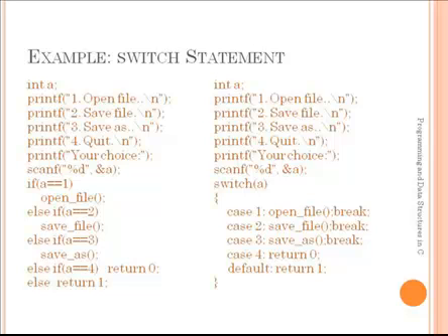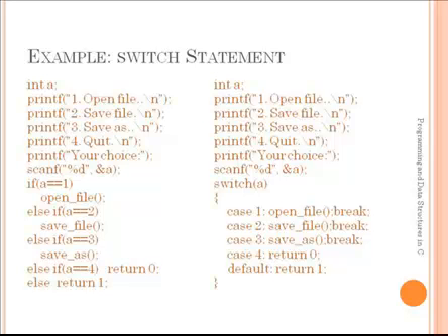Whenever a is equal to 1, it will execute open file. Whenever a is equal to 2, it will execute save file. Whenever a is equal to 3, it will execute save as file. Otherwise, it will quit the program. The equivalent code using the switch statement is: if case is 1, open that file, case is 2, save that file, and case is 3, save as that file.